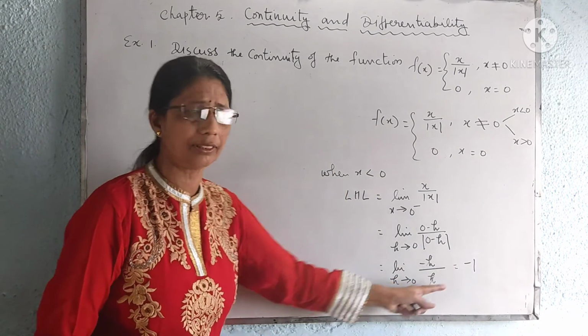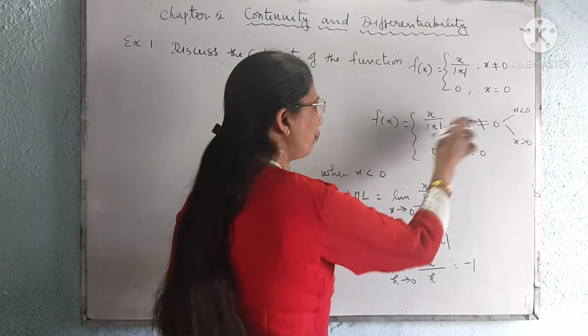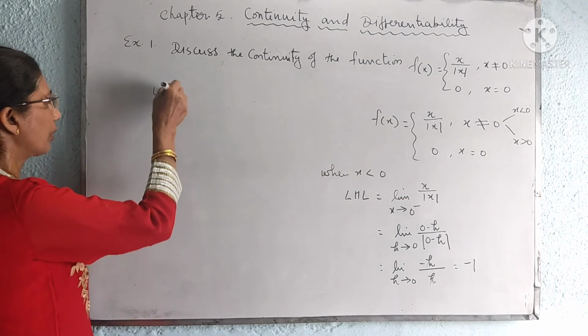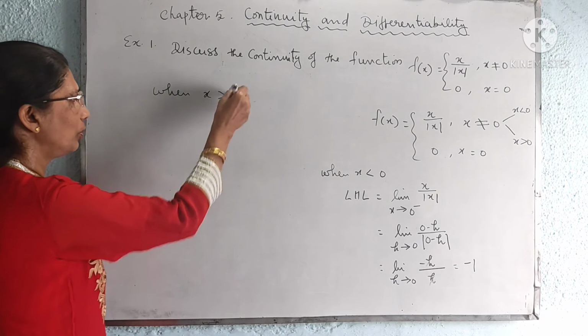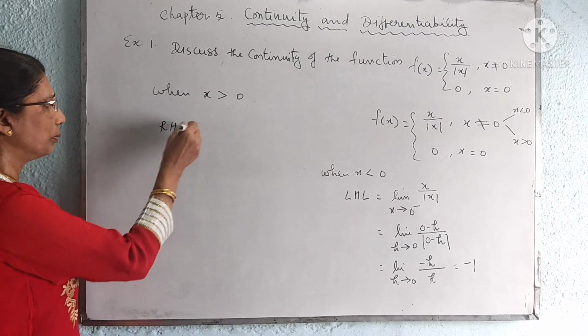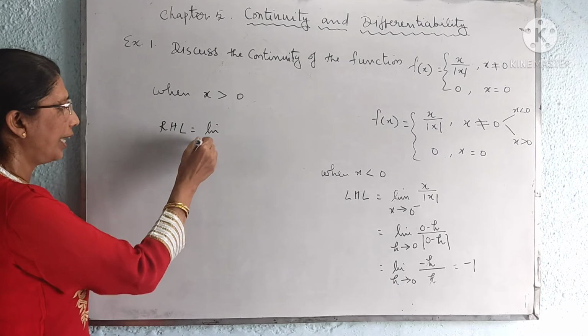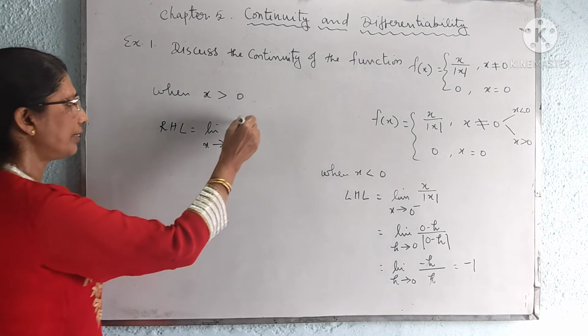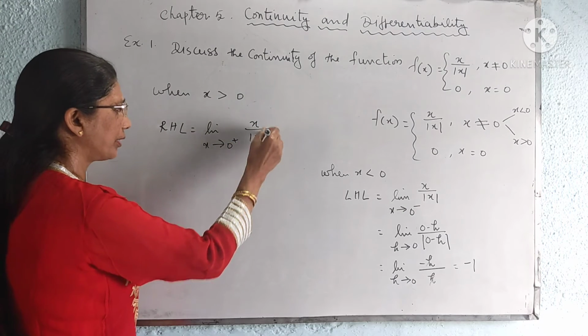This is the LHL. Now for the same function we have to find the RHL also. When x is greater than 0, RHL equals limit x tends to 0 plus of the same function, x upon mod x.